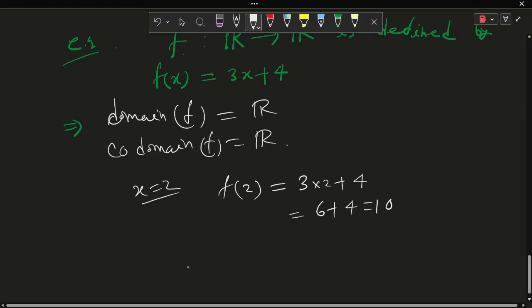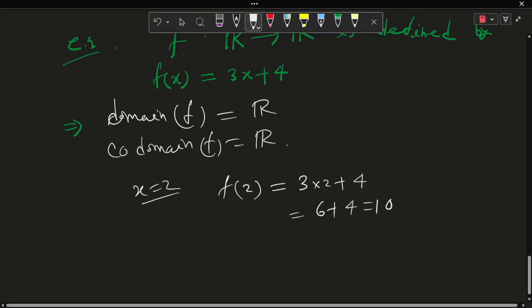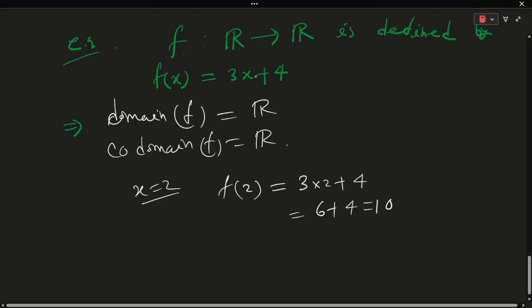Okay, this is a linear function. The variable x has degree 1, right?